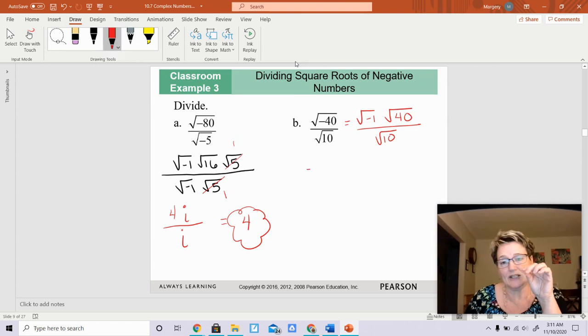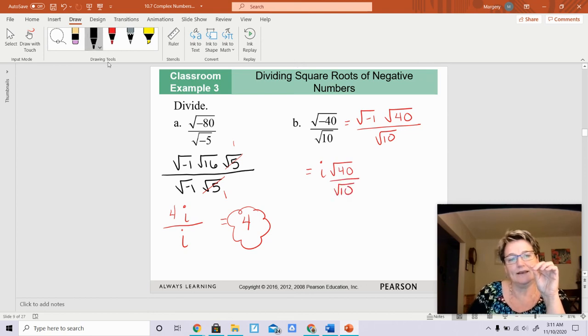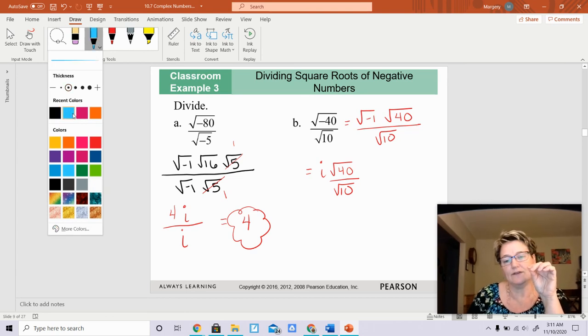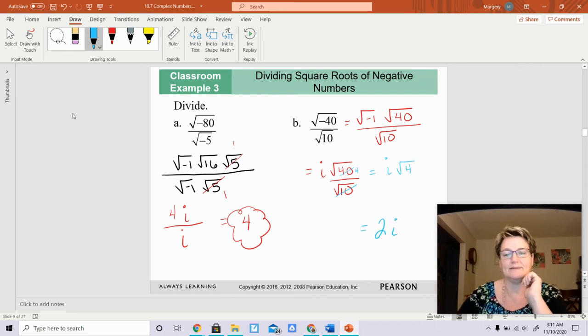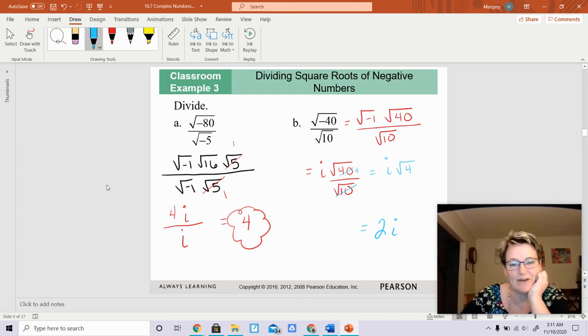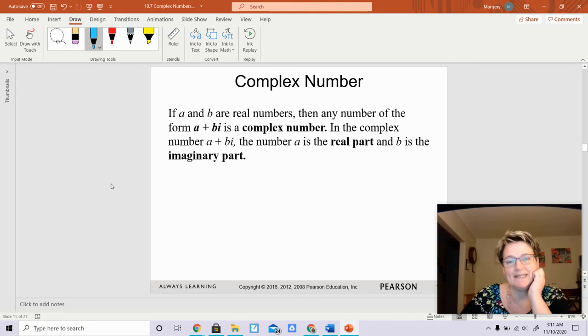So I actually end up with i square roots of 40 over the square root of 10. 10 goes into 40 4 times. So I'm going to be left with i square roots of 4. The square root of 4 is 2. So my answer is 2i. Okay, I could have done this problem a whole bunch of different ways, but I'm going to just do it that way for now, just to give you guys some ideas.